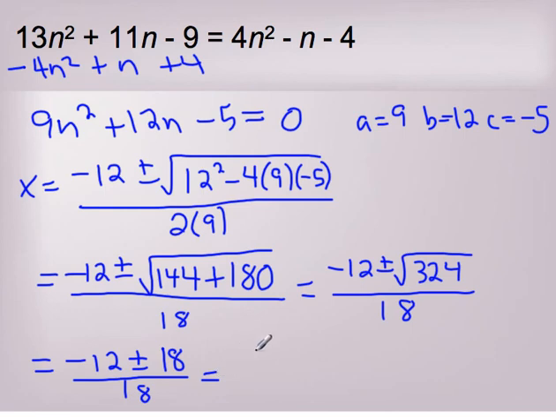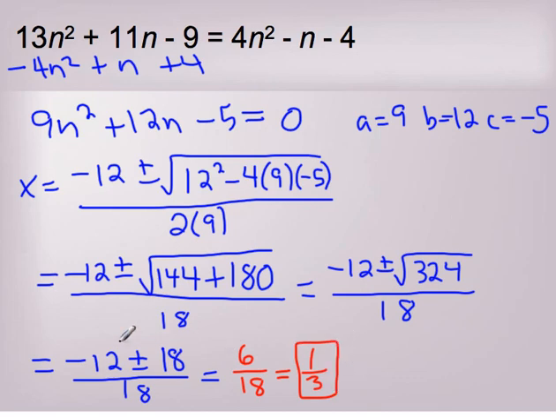Now when I do this, I'm going to take care of the plus and minus at 2 separate times. So I'm going to start with the plus. First I have negative 12 plus 18, which is 6. So it'd be 6 over 18, which is 1/3. There's one answer.